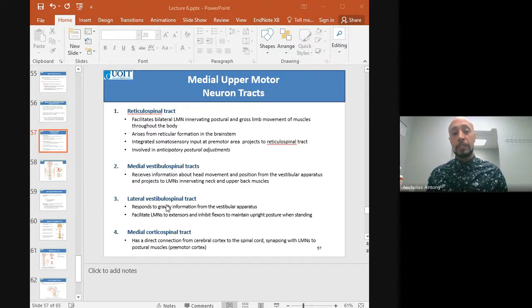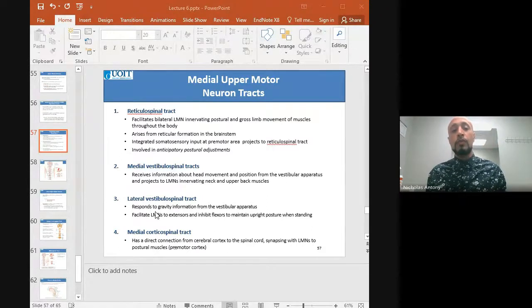Whereas the lateral vestibulospinal tract, have you all ever heard of someone falling asleep while they're standing? How can that be? Because if they're sleeping, they're not really controlling their muscles voluntarily. How come they're not falling down? It's because of this tract right here. The lateral vestibulospinal tract is going to register which way gravity is based on what our inner ear is telling us.